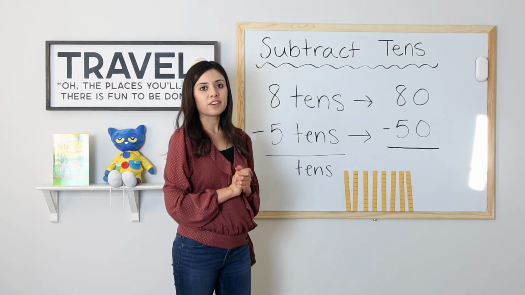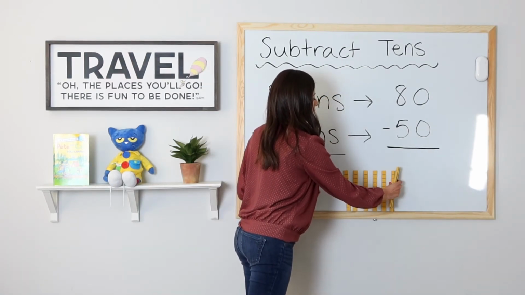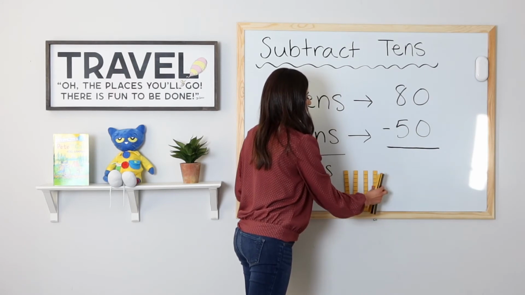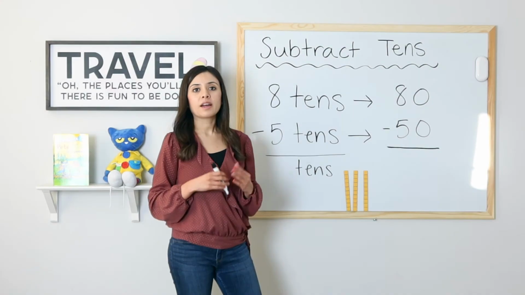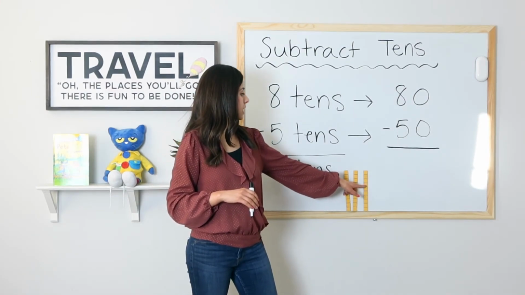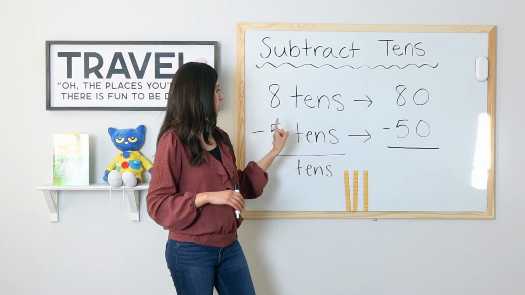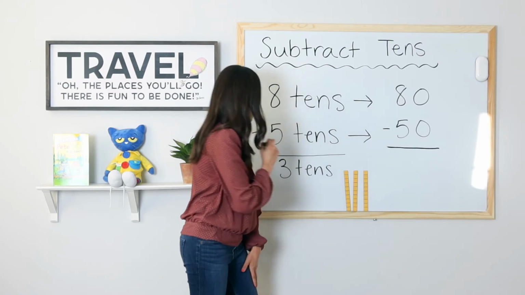Now let's take away 5. 1 ten, 2 tens, 3 tens, 4 tens, 5 tens. How many tens do I have left? I have 1 ten, 2 tens, 3 tens. 8 tens minus 5 tens equals 3 tens.